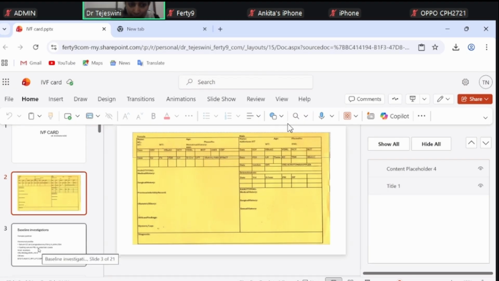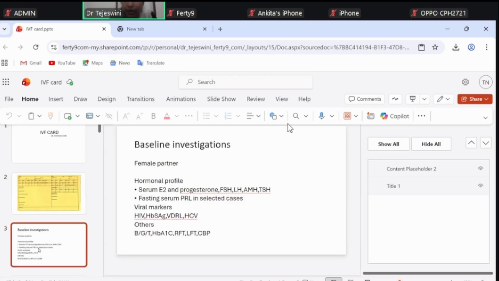Coming to the baseline investigations which have to be noted in the female partner. At the start of the stimulation, we have to make a note of serum estradiol and progesterone concentrations. Along with that, FSH, LH, baseline AMH, TSH has to be noted, and fasting serum prolactin in selected cases where there is amenorrhea coupled with galactorrhea or visual disturbances, serum prolactin levels has to be mentioned.